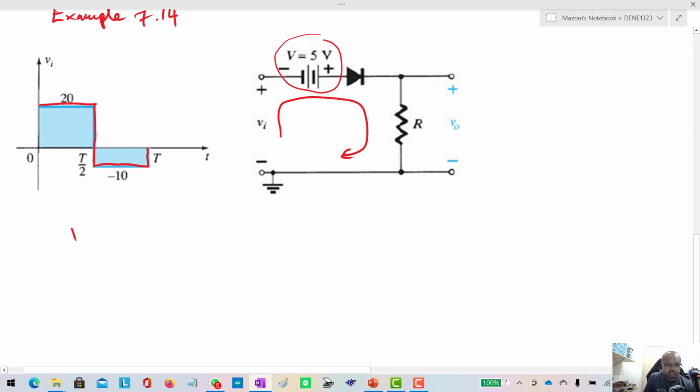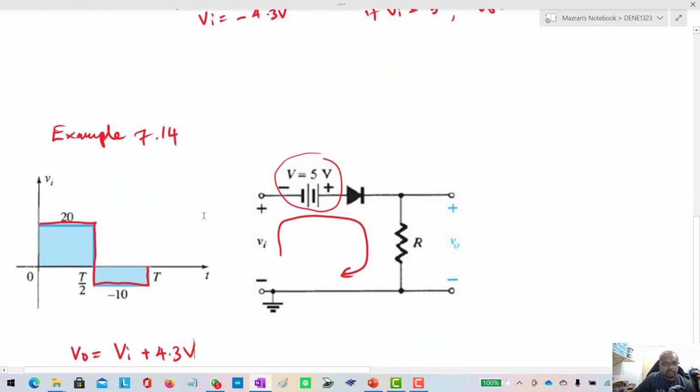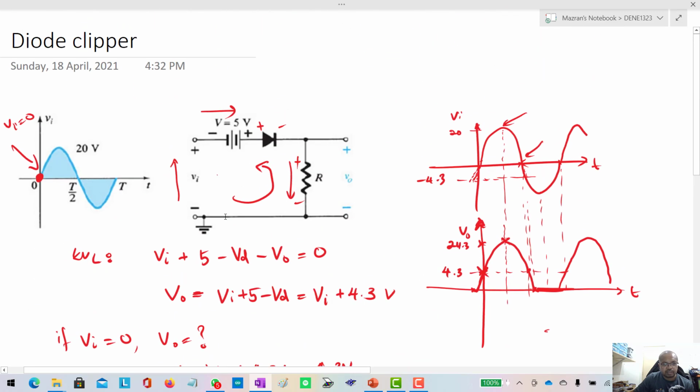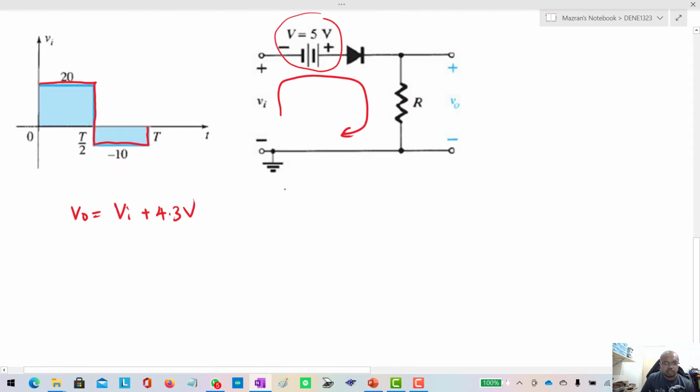So the equation is the same. V out equals V in plus 4.3 volts. Is that correct? Same equation, same circuit. Now, what if V in equals 20?